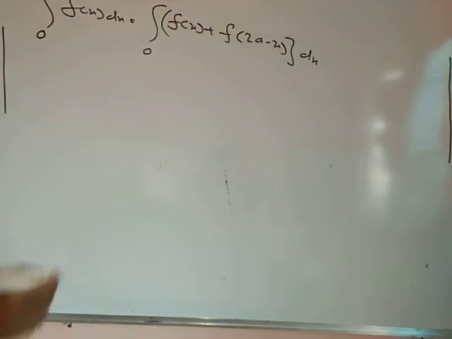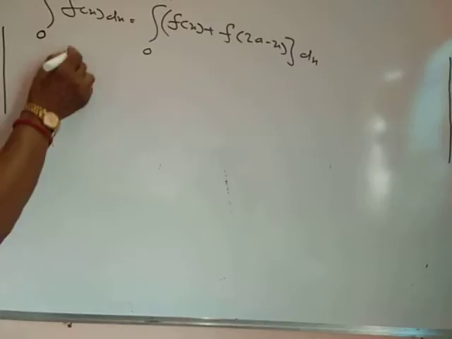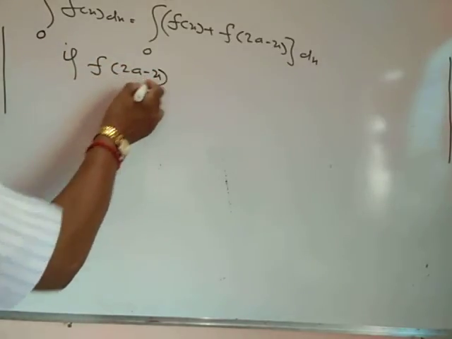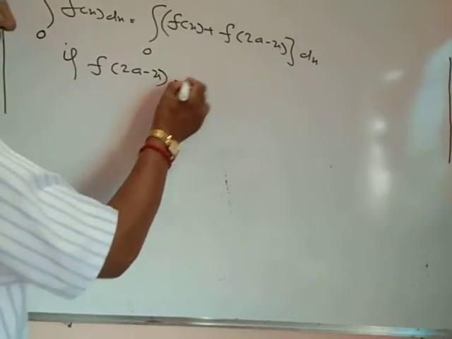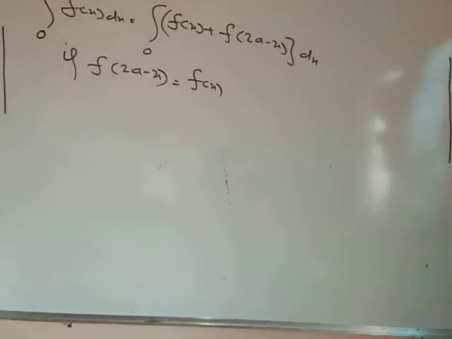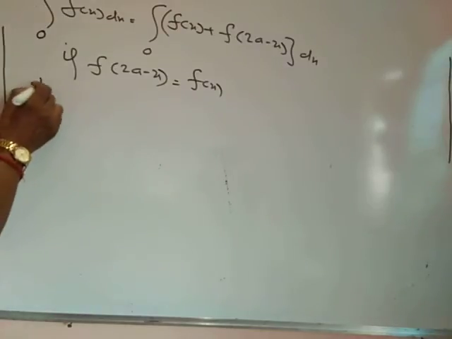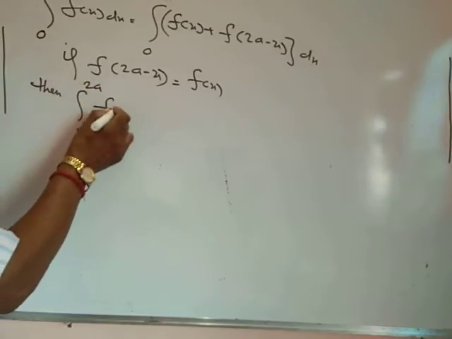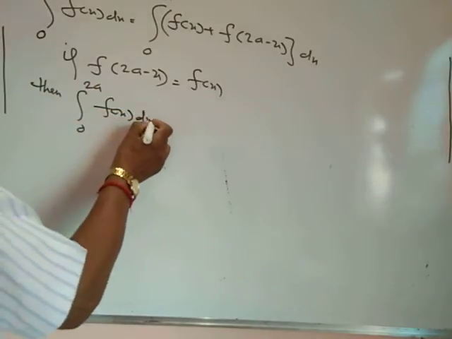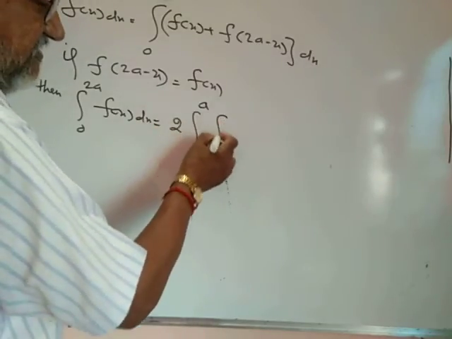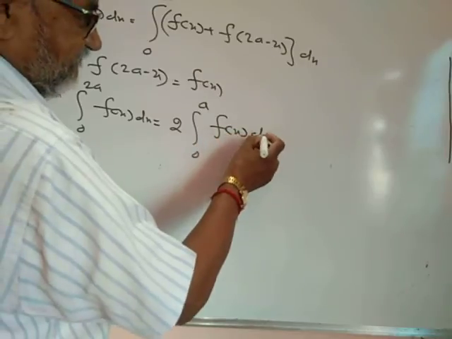Now look carefully, it's again very important. If f(2a minus x) is equal to f(x), then integral from 0 to 2a of f(x) dx is equal to 2 into integral from 0 to a of f(x) dx.